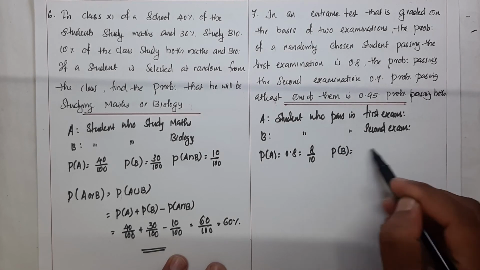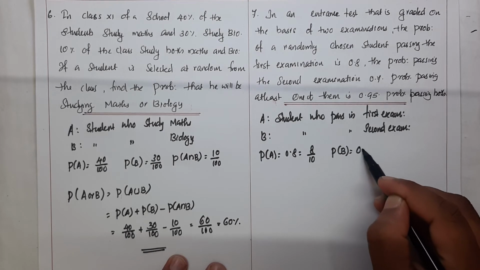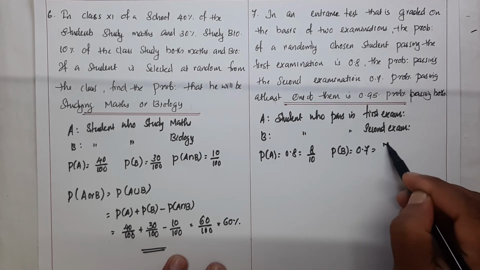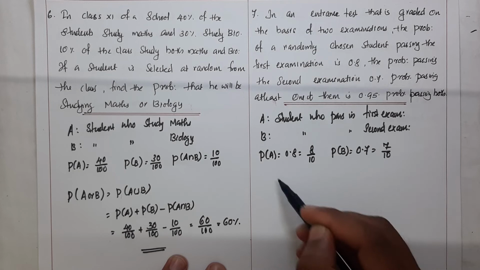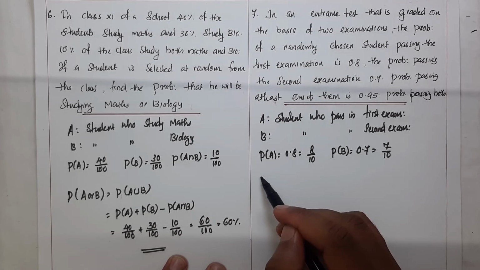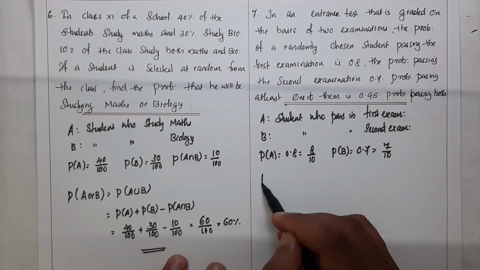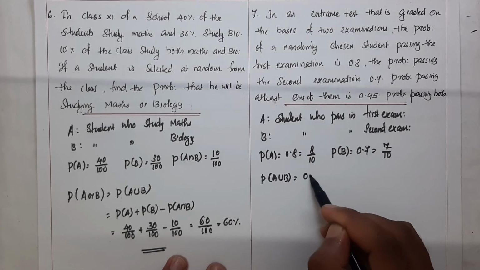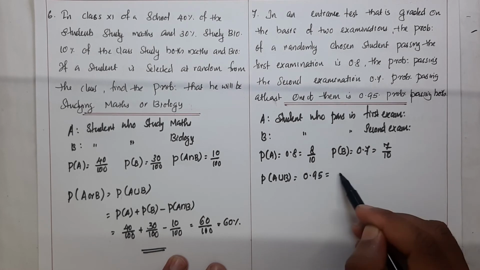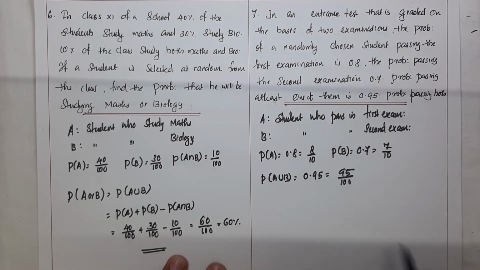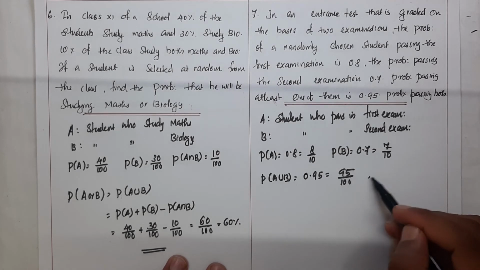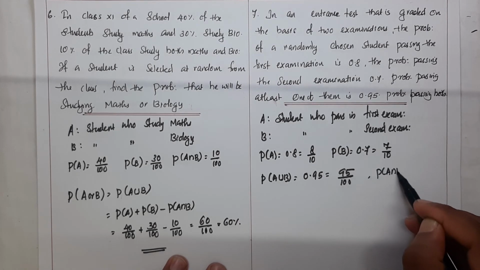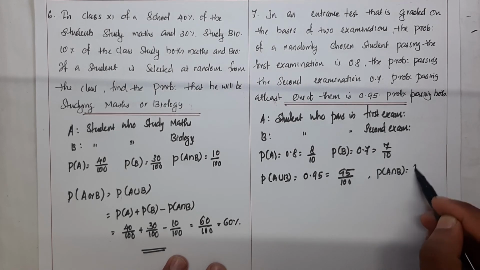P of B is 0.7, that is 7 divided by 10. At least one of them means A or B, so P of A union B is 0.95, that is 95 divided by 100. You need to find P of A intersection B, which means both.